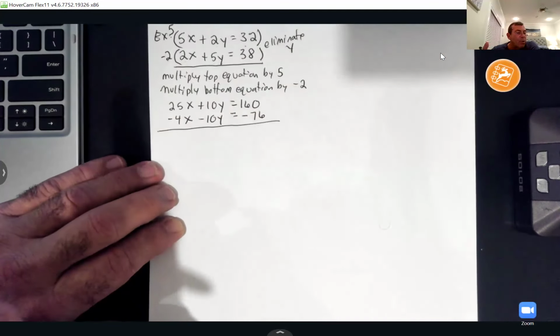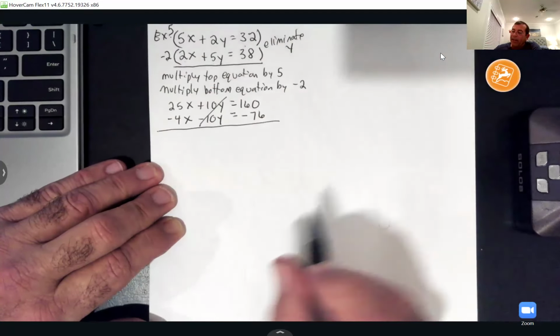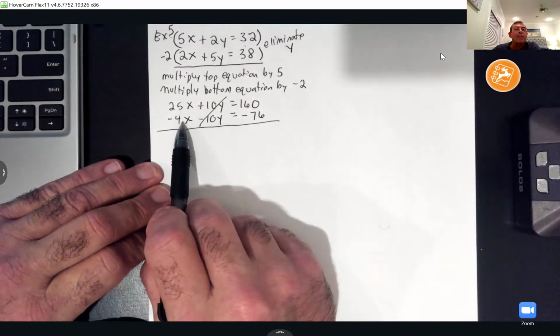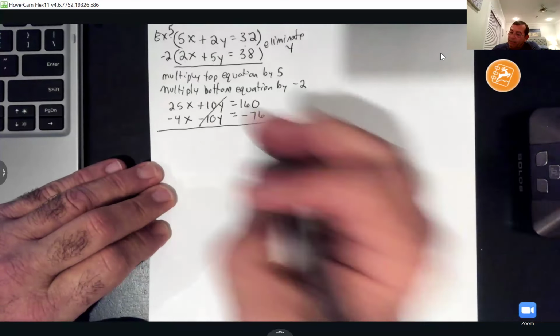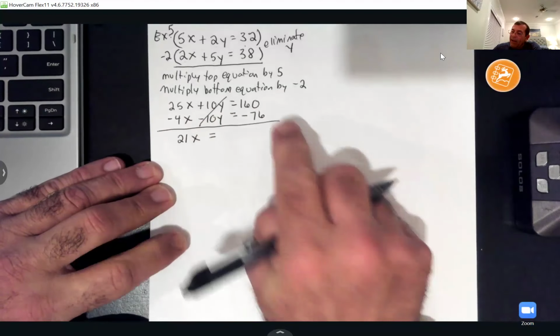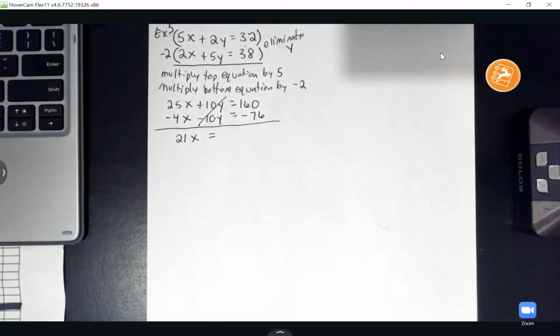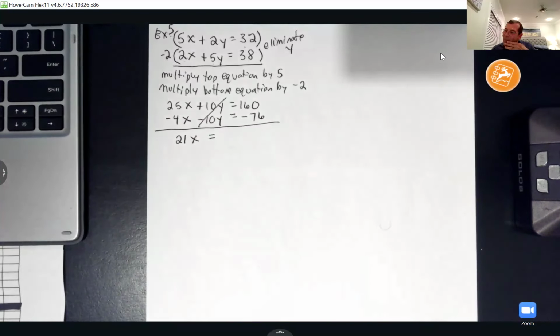So now at this point, we got the y's to eliminate. 25 minus 4 is what, 21x. All right, what's this? 160 minus 76. I think it's 84, but I'm not sure.